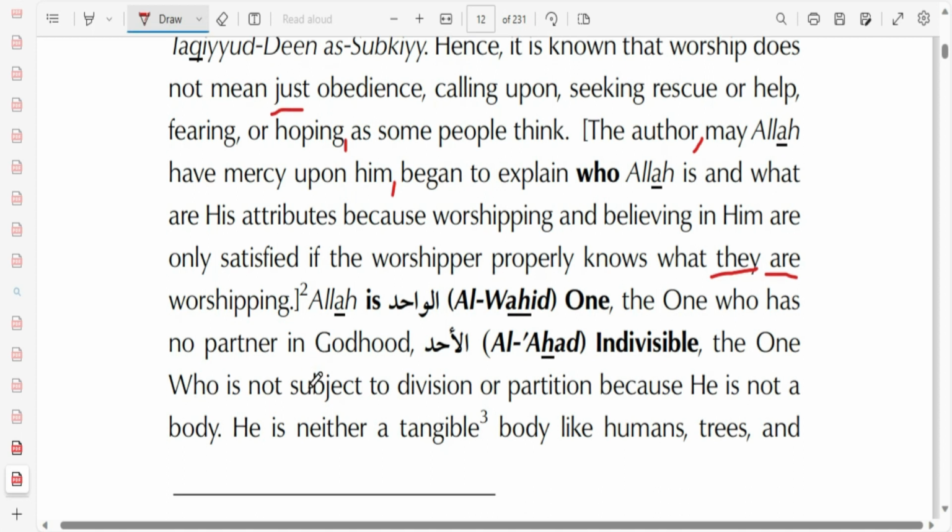Yani, it's unachievable to worship Allah without knowing Him. Not merely not satisfied, it's unachievable altogether.